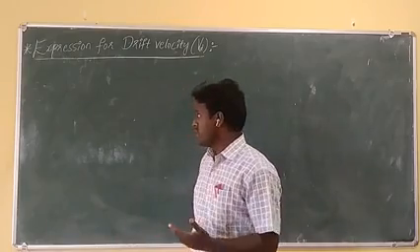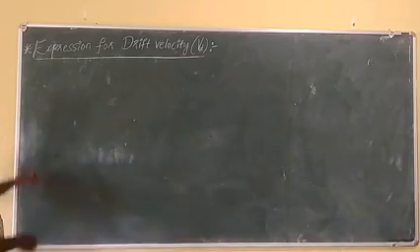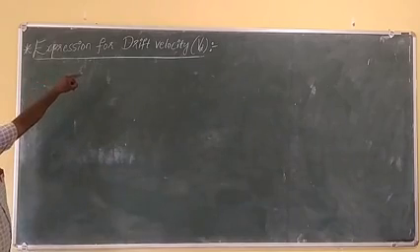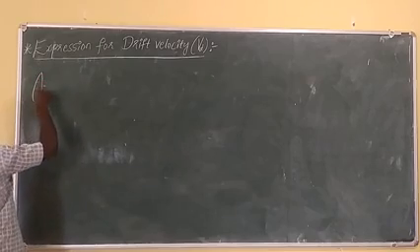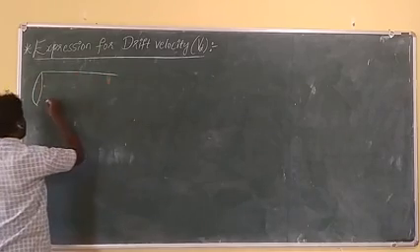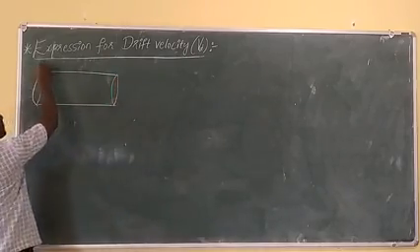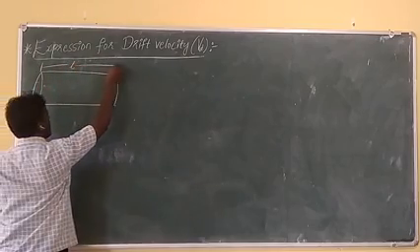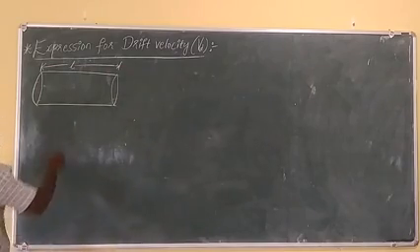So now I am trying to find the expression for drift velocity. See, this is the conductor. Consider a conductor of length L, and A is the area of cross section.